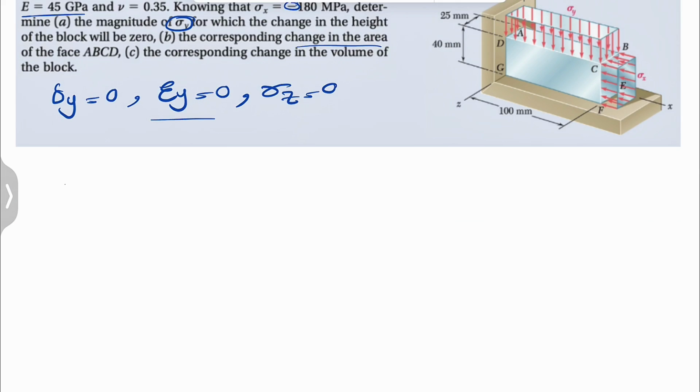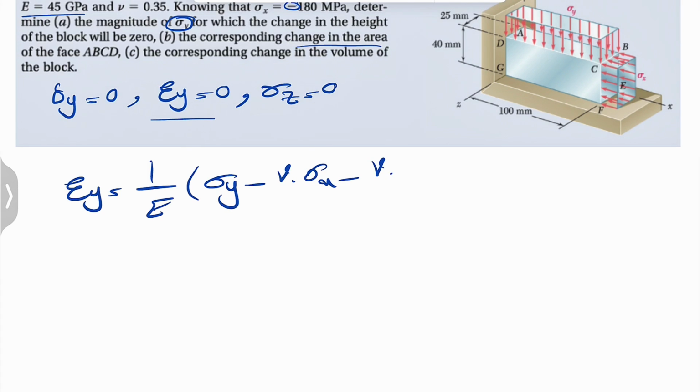All right, so we're going to be using the formula that we discussed in the previous video, and here we know that epsilon y would be equal to 1 over E times sigma y minus Poisson's ratio times sigma x minus Poisson's ratio times sigma z. So the sigma y that we have in here has to be alone without any Poisson's ratio in the back.